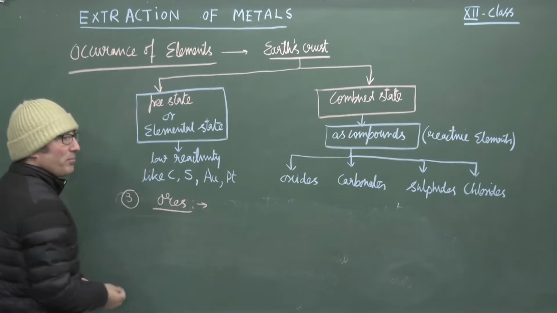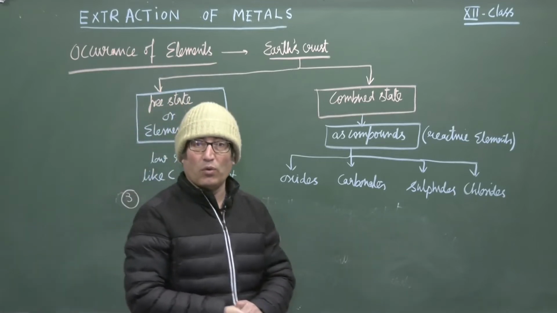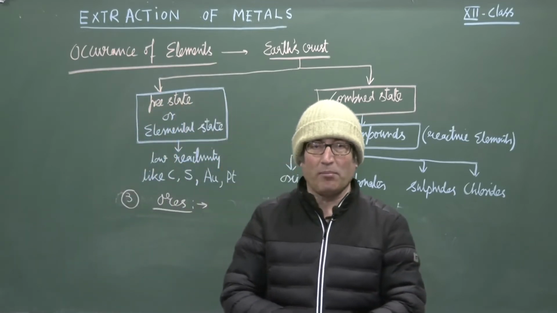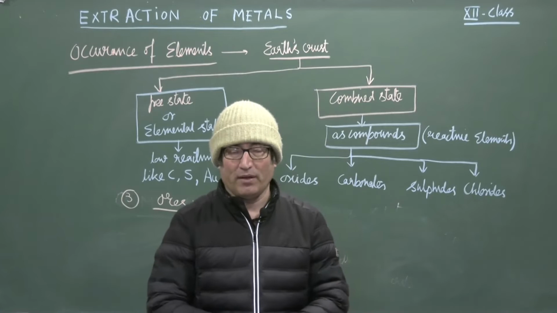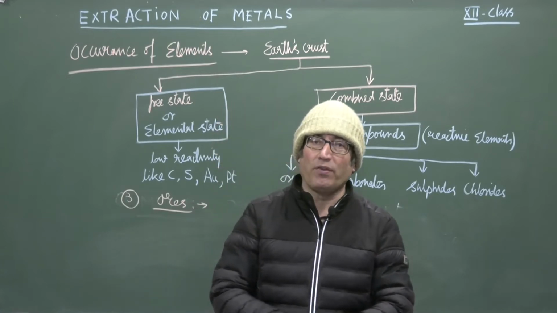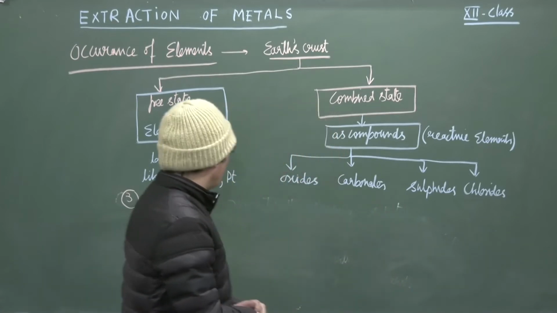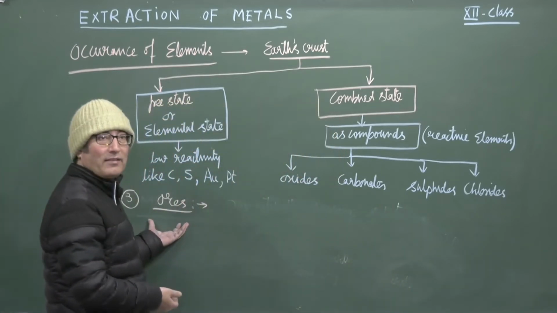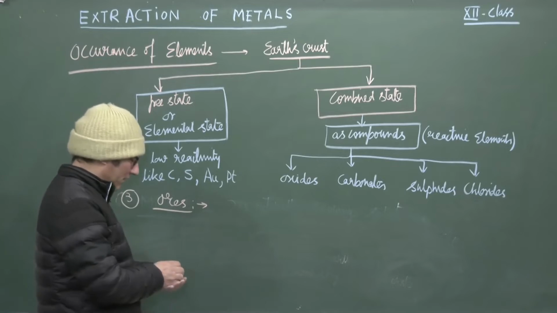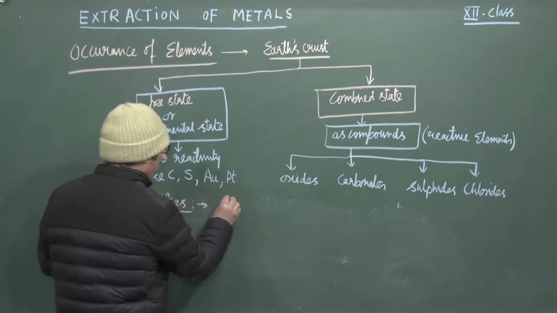Now, if you make a comparison between the ores and minerals of an element, an element has many minerals, but only few of them are ores. And it is from the ores that an element is extracted on the large scale. So what are minerals? What are ores?